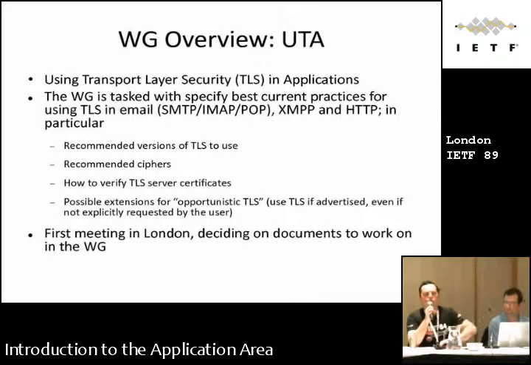So this working group is going to produce more generalized and more consistent advice about which version of TLS should be recommended, which ciphers to use, how to verify server identity. This working group just got chartered, and it's going to have its first meeting this Friday. Basically, there would be a discussion about trying to select the initial documents to work on, which are in scope.